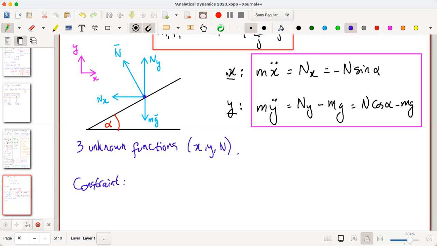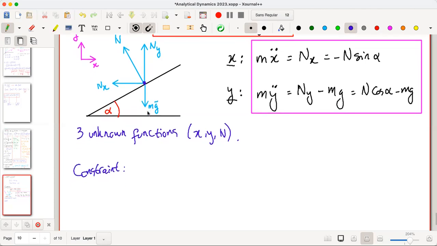The trajectory of the particle is determined only along this path. So there is a mixing between x and y. In other words, there is a constraint between x and y. So what is the constraint between x and y? We can easily say that x and y are related through this equation: y is just x times tangent alpha, right?